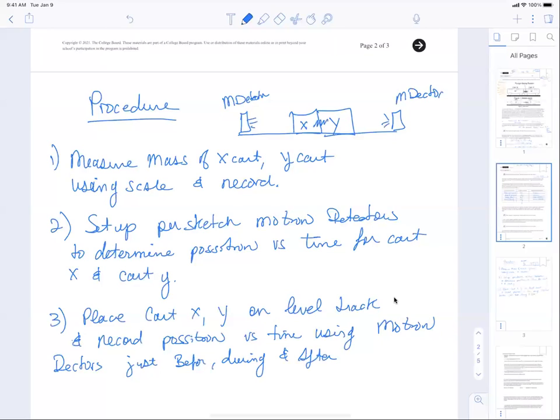So it's got a little spring and there's a plunger. Plunger is released, or spring is released, maybe spring. Spring is released, okay?